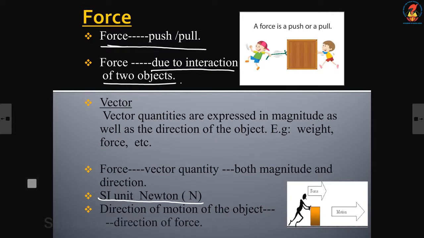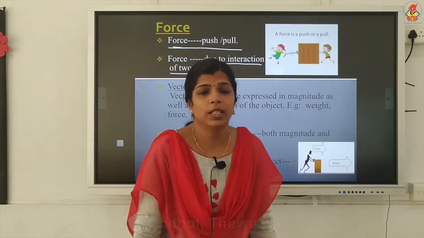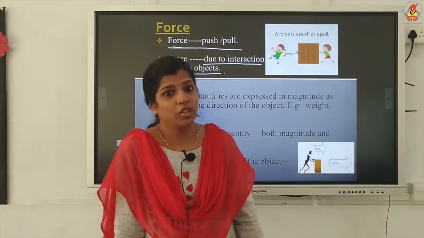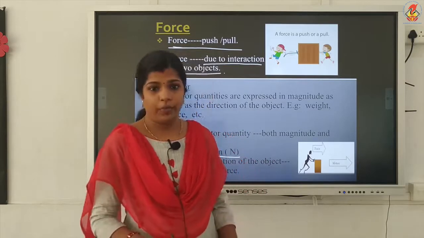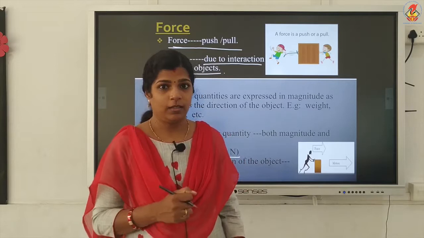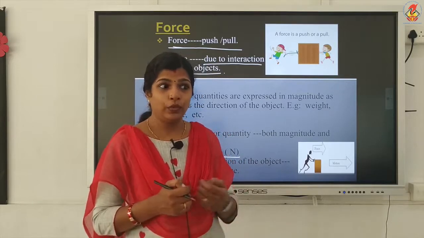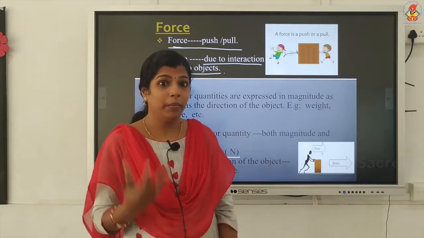Now, physical quantity. Physical quantity means anything that can be measured. That is considered as a physical quantity. You can measure your height, your weight, the length of a table, all those things you can measure.